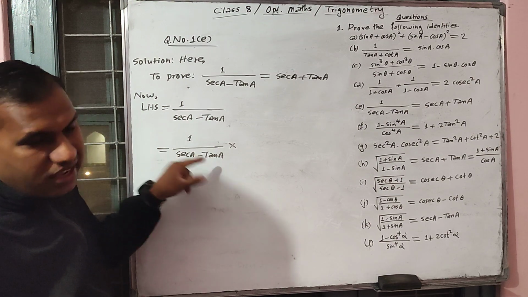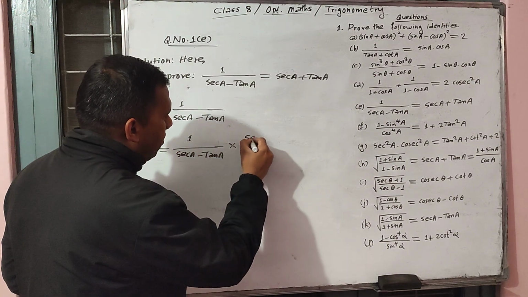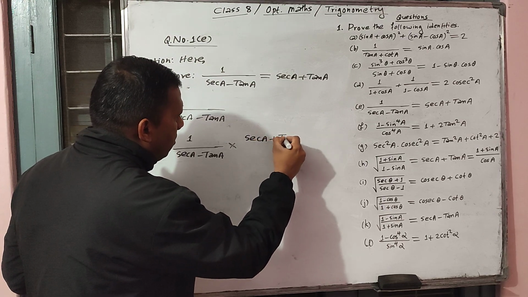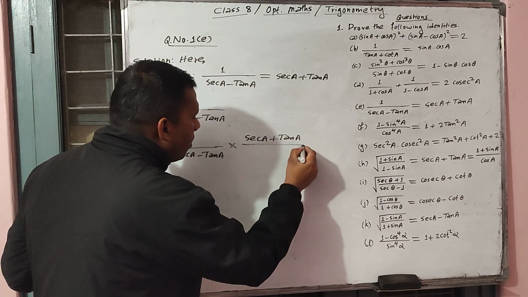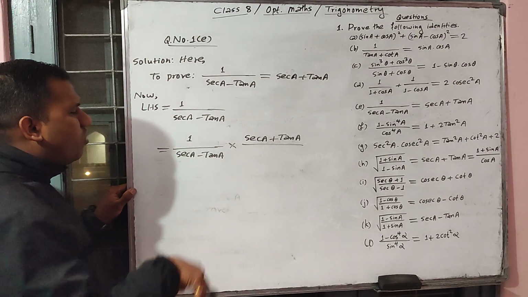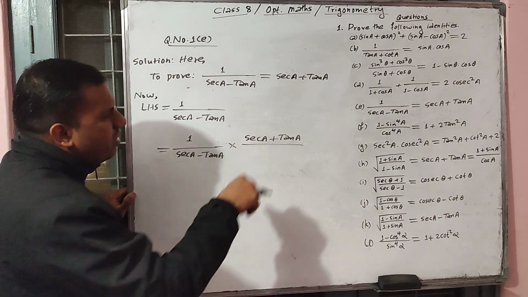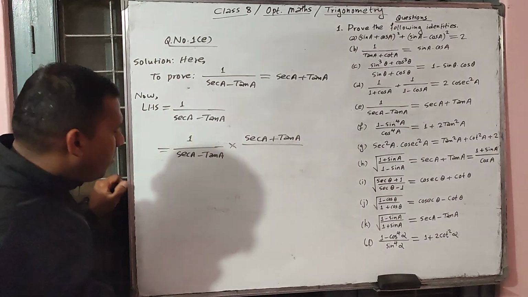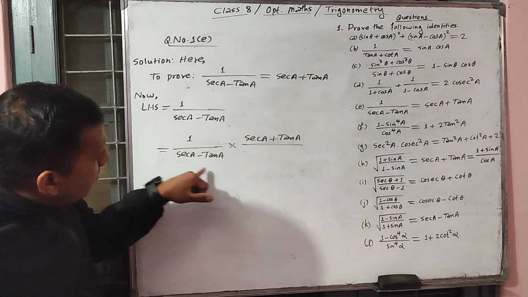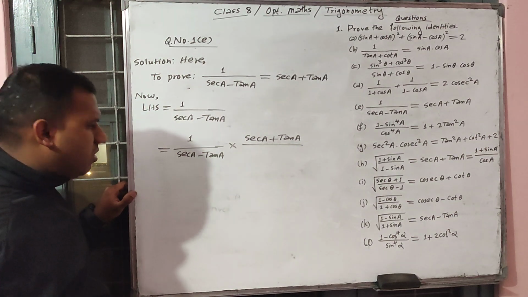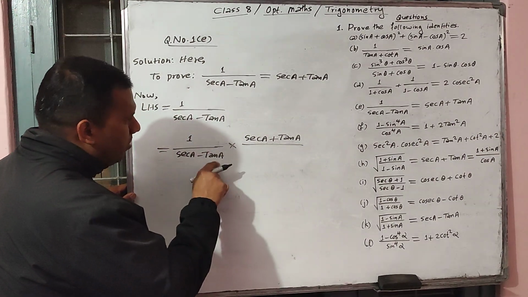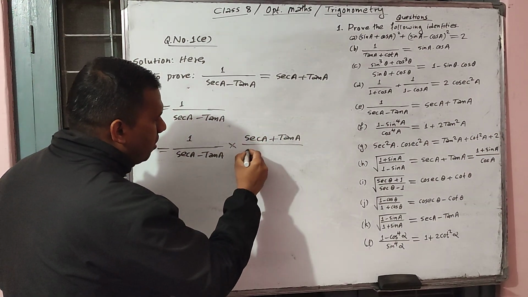Sec A minus tan A, its conjugate is sec A plus tan A. If the denominator is in a minus b form, then its conjugate is in a plus b form. If the denominator is a plus b form, the conjugate becomes a minus b. So here it is a minus b form, so the conjugate is a plus b form.